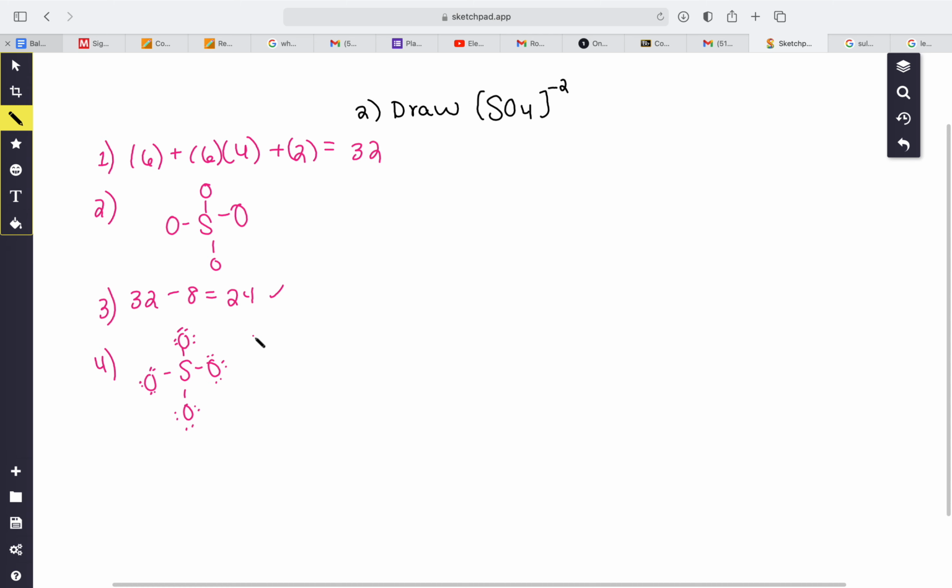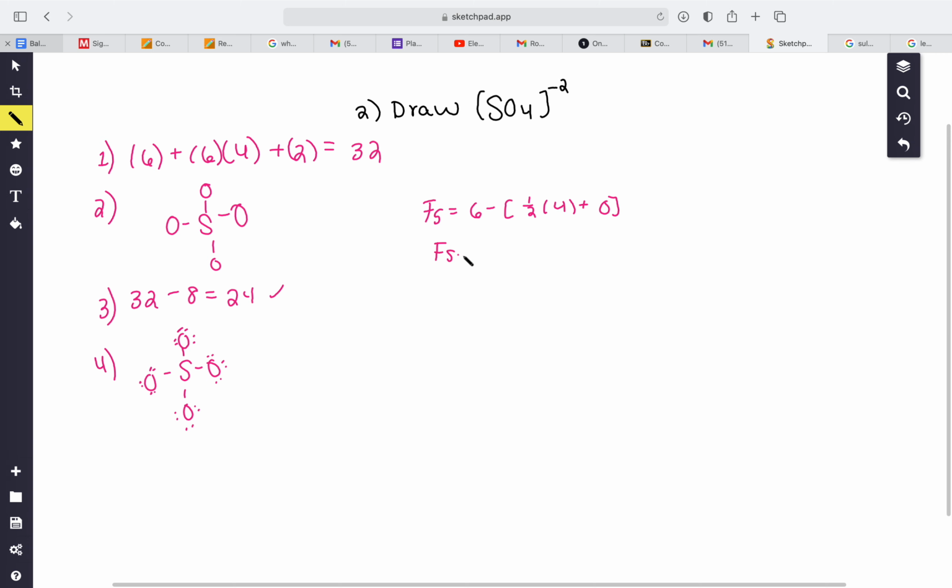Alright, so when you're stuck in a situation where you think you have the right answer because your octets are good, it's always a good idea to check the formal charges, right? So let's do that. Let's check the formal charges of each. The formal charge for sulfur is going to be equal to the valence electrons, so 6, minus half of the bonding, so we have 4, plus the non-bonding, we have 0.